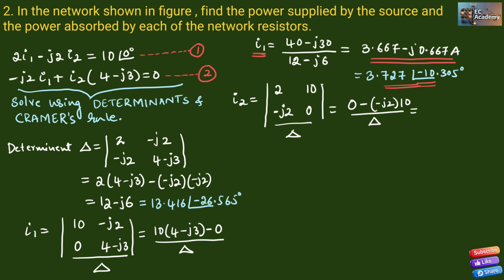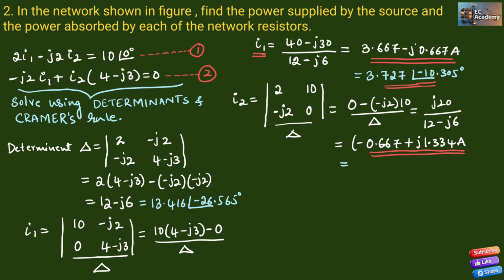So this will be equal to j20 divided by 12 minus j6. So the value of I2 will be equal to minus 0.667 plus j1.334 amperes. So we can write this in polar form also.